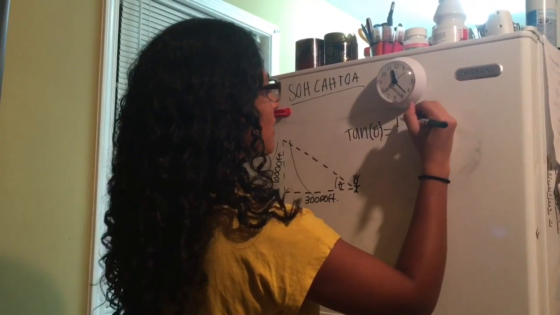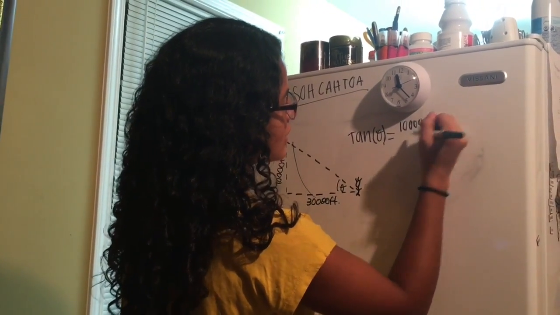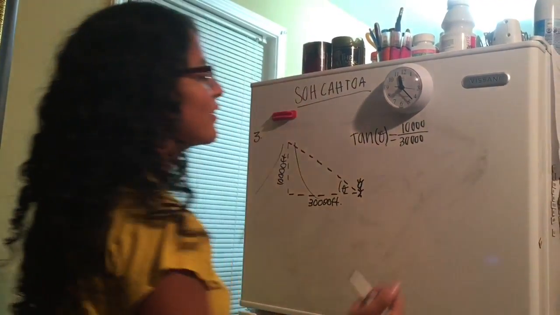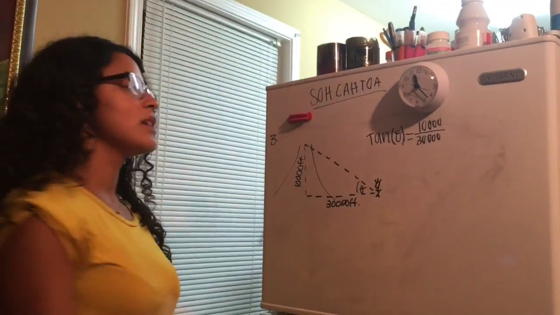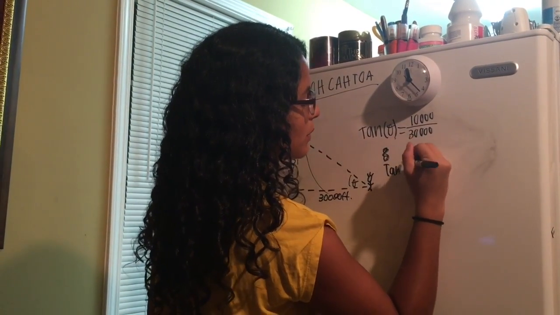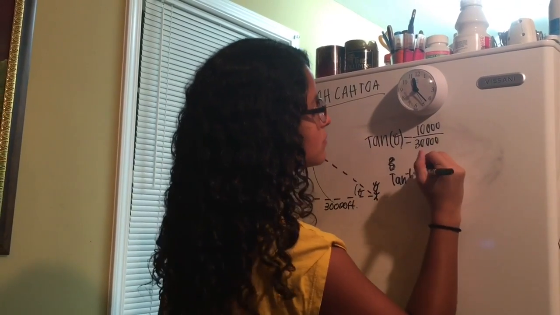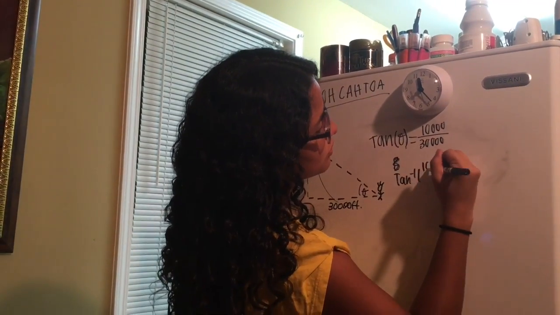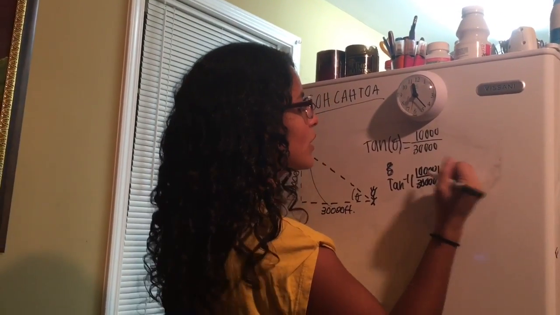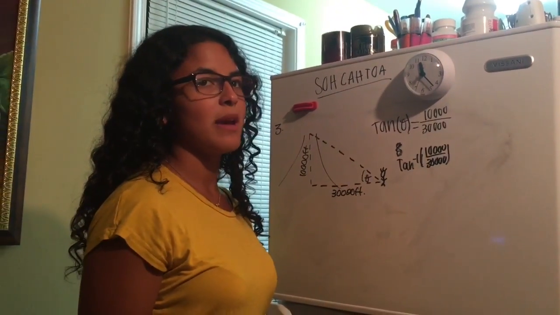Okay, so this is going to be 10,000 over 30,000. And you would do the same thing. So in a calculator, it looks like this, where you put the inverse of it, and then you would do 10,000 over 30,000, which is really 1/3, but I can't do that kind of math in my head.